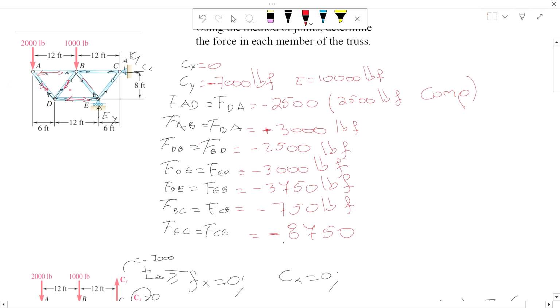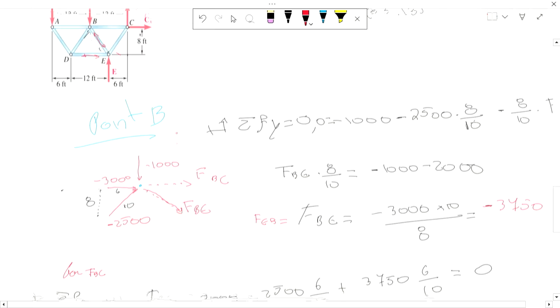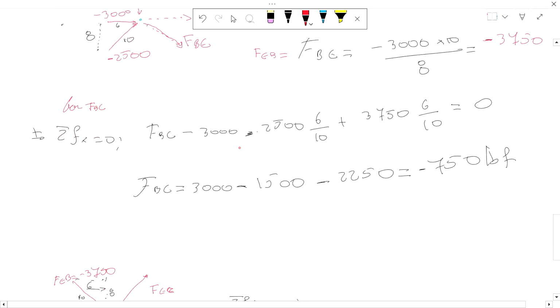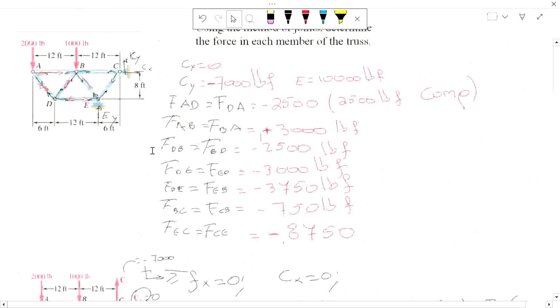FB to C, we have negative 3000, so this one is positive and the rest are negative.